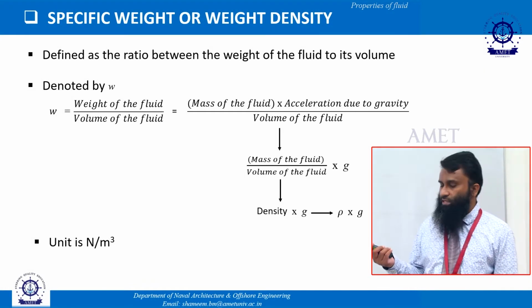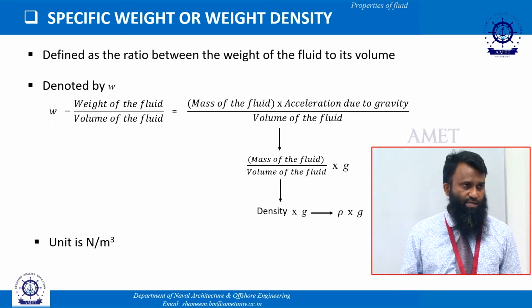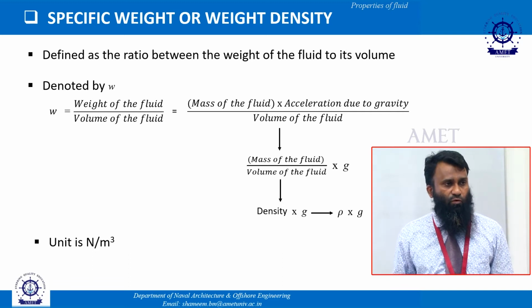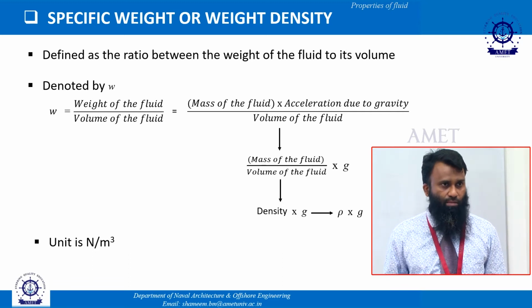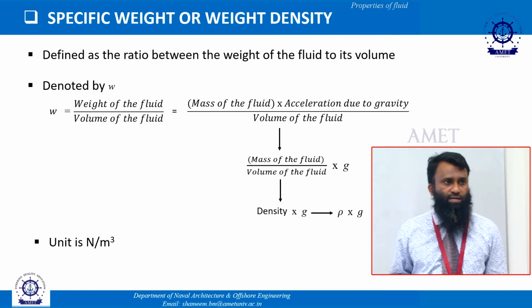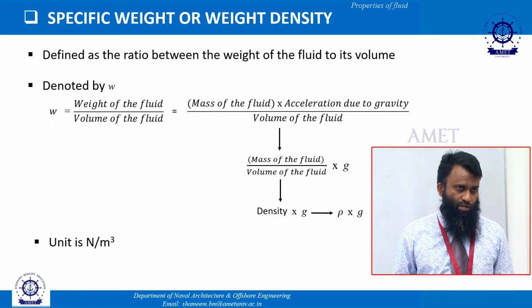Now, the second property we call weight density or specific weight. Previously we said mass density is the mass of the fluid by volume of the fluid. Here we will use weight density, which is nothing but weight of the fluid by the volume of the fluid. Now, what is the weight?